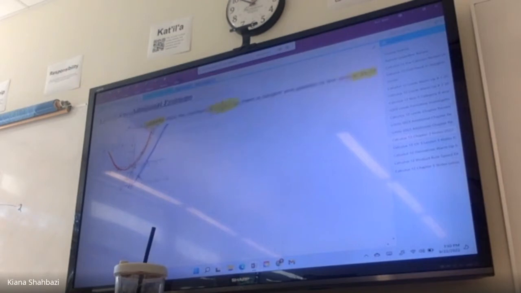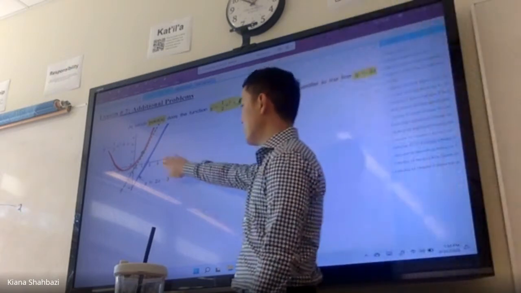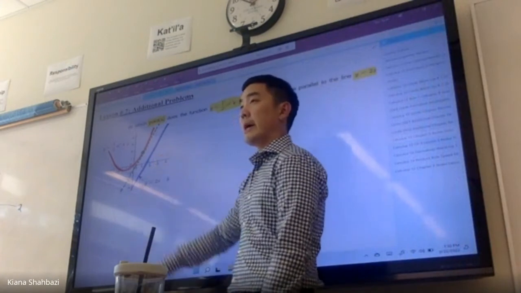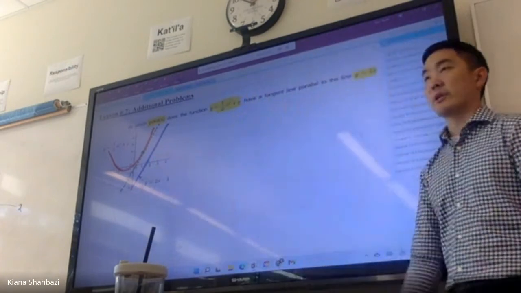So our goal is to find that green dot. What are the coordinates of that green dot? That green dot is somewhere on the parabola, and it's going to be parallel to this linear line over here.